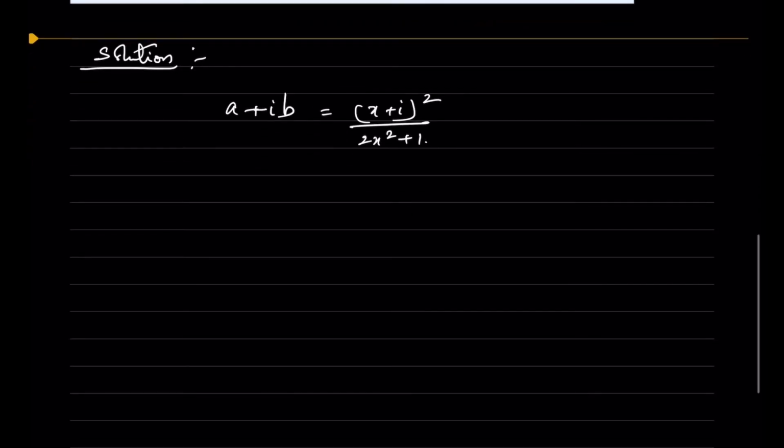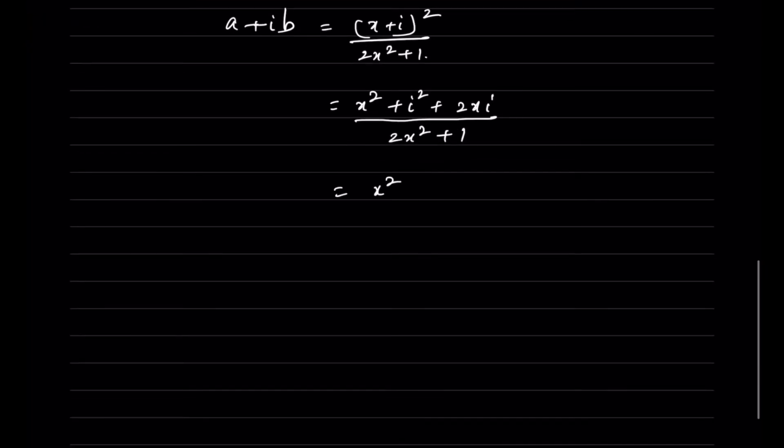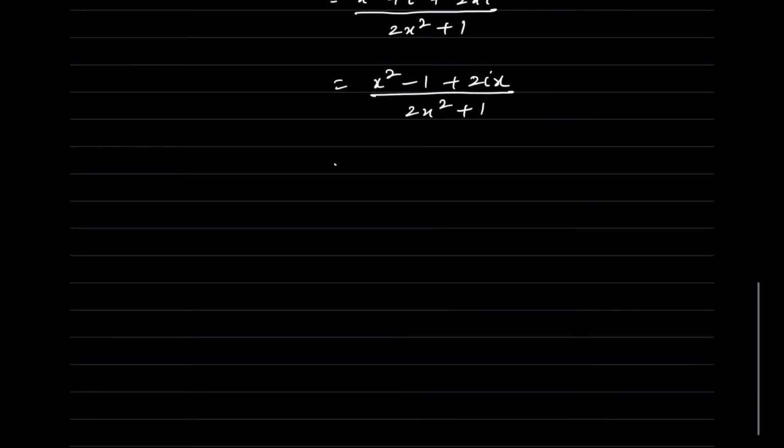Which is equal to (x² + i² + 2xi) / (2x² + 1). Which is equal to (x² − 1 + 2ix) / (2x² + 1). Which can be written as (x² − 1)/(2x² + 1) + i · 2x/(2x² + 1).